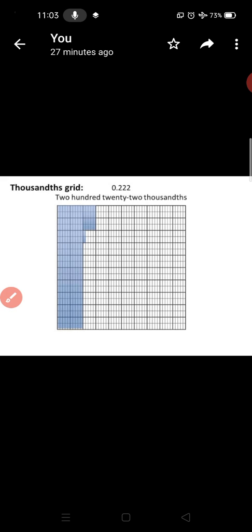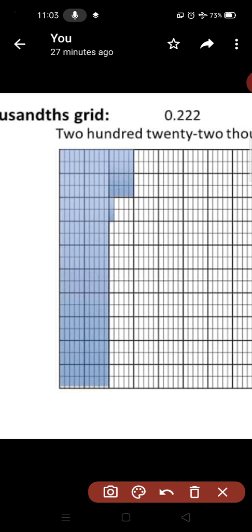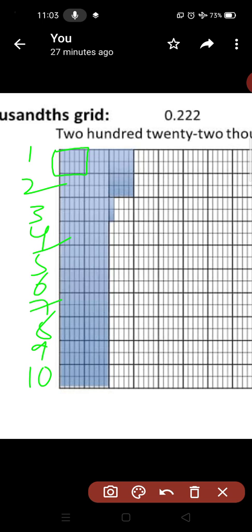Here out of 1000 parts, how many are shaded? If you see each small grid, this one has 10 equal parts. Like this, how many? 1, 2, 3, 4, 5, 6, 7, 8, 9, 10. So 10 into 10 is 100. This first row is 100, second row is 200. This is 10, this is 10, 220, 1, 2, 222.